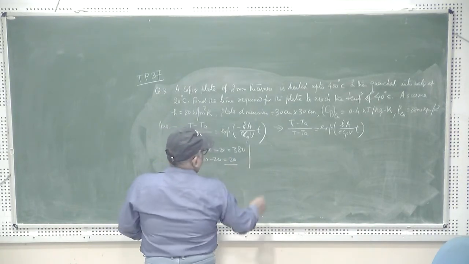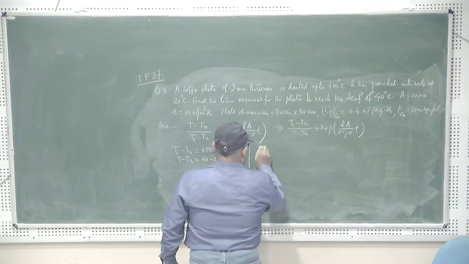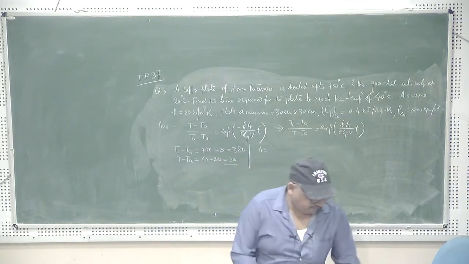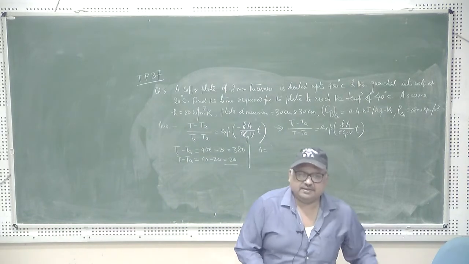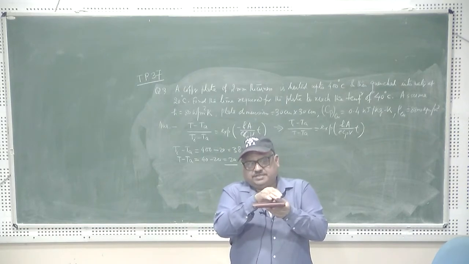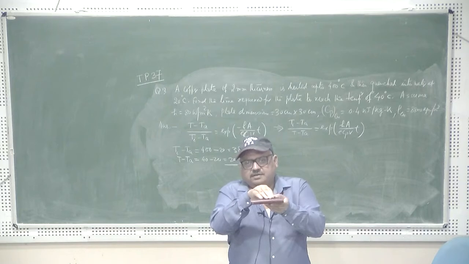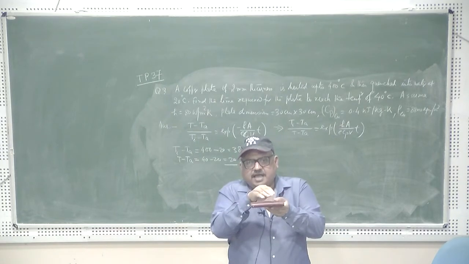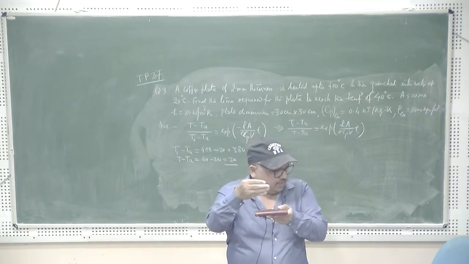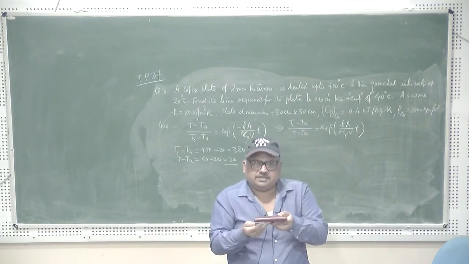Also we have to determine the area A. Let us suppose this is the plate that you have and you are subjected to quenching. This entire plate will be dipped in the quenching bath. That means the area exposed to the quenching fluid is the area from both sides, from this side as well as this side.